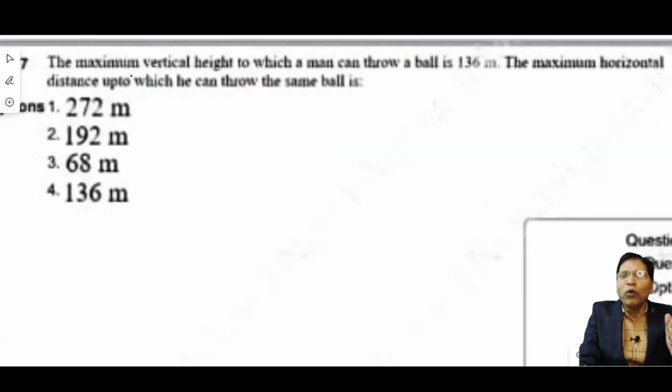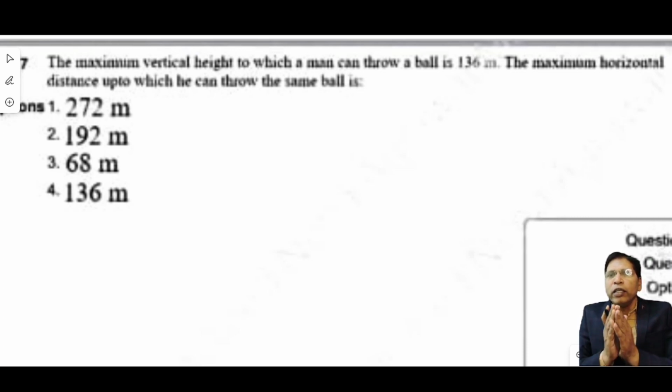Understood? Now look at this, question number 7. The maximum vertical height to which a man can throw a ball is 136 meter. The maximum horizontal range up to which he can throw the same ball is?